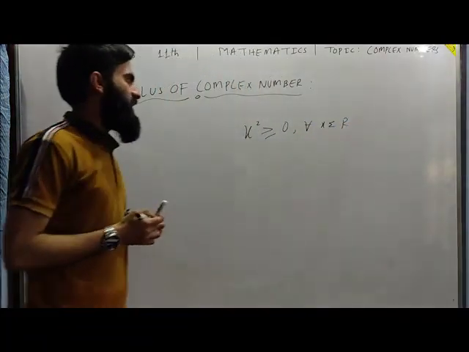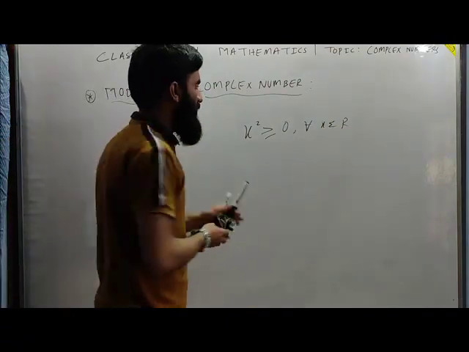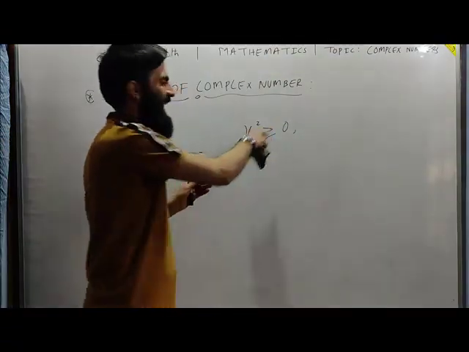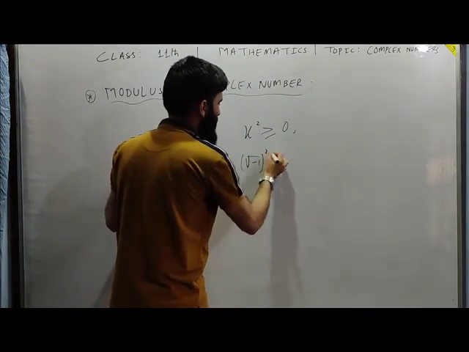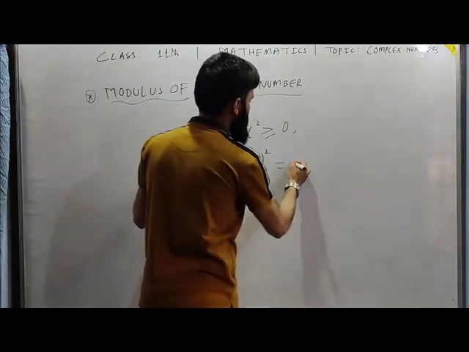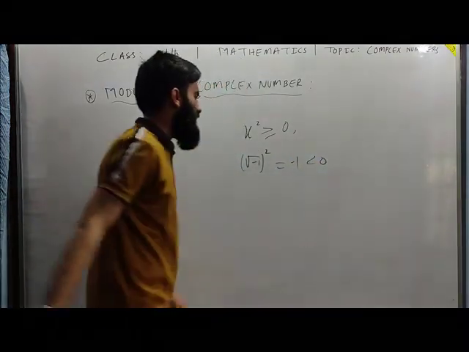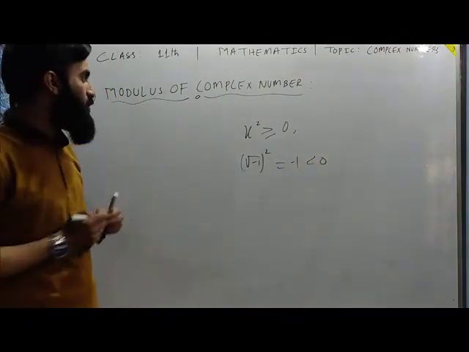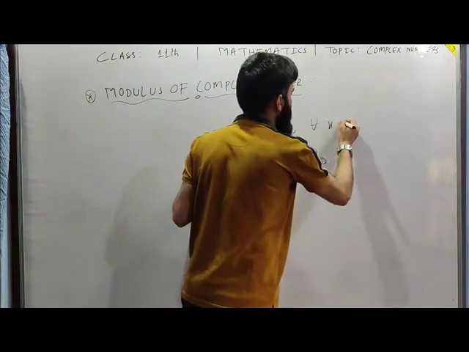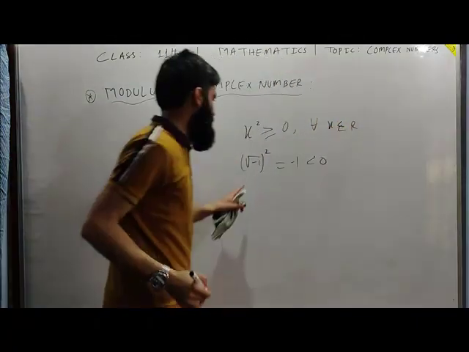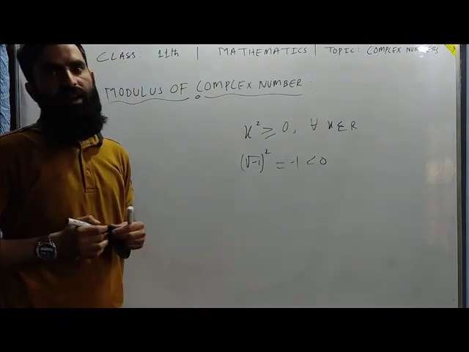If I don't mention that x is a real number, then it is not true for all values, because take the value root of minus 1, that is iota, whose square is minus 1, which is less than 0, not greater than or equal to 0. So this law fails here. So x square is greater than or equal to 0 for all x belonging to reals, because root of minus 1 is not real, it's a complex number.